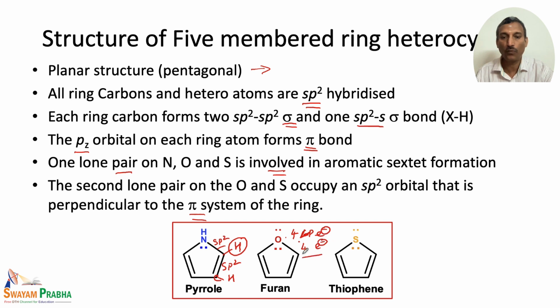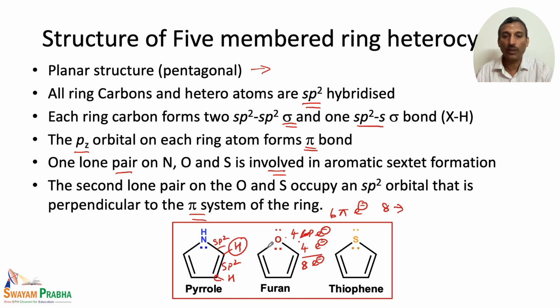In total, 8 electrons would be involved in that system, but according to the Huckel rule we only require 6 pi electrons to be aromatic, and when there are 8 pi electrons, that is actually going to be anti-aromatic in nature.